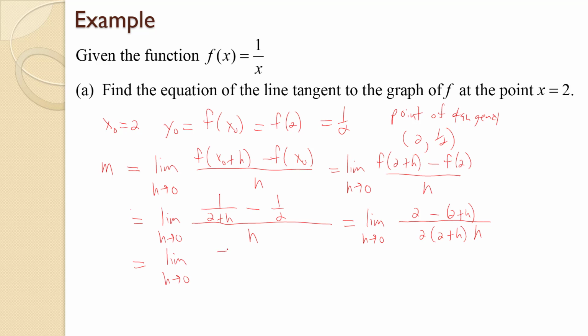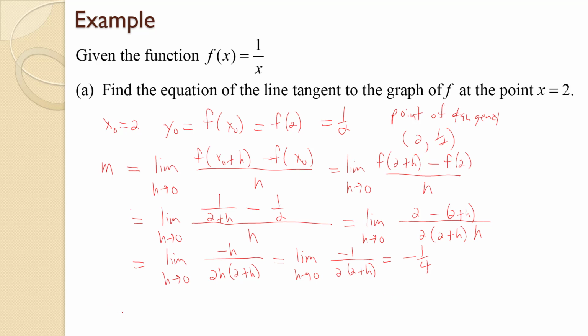So you have minus h divided by 2h times 2 plus h. We notice there's a common factor of h here, so I'll cancel that. I'm allowed to do that because h actually isn't 0, it's just near it. So that's negative 1 over 2 times 2 plus h. And that is a continuous function of h. So because of that, I can certainly just evaluate this limit by plugging in 0. So we just plug it in. We get negative 1/4. So that's the slope.